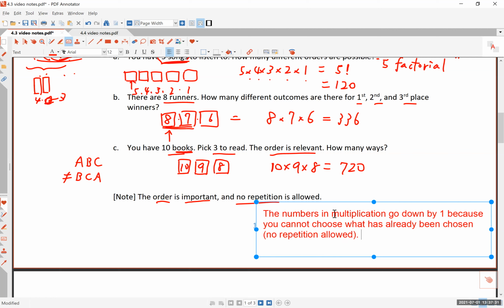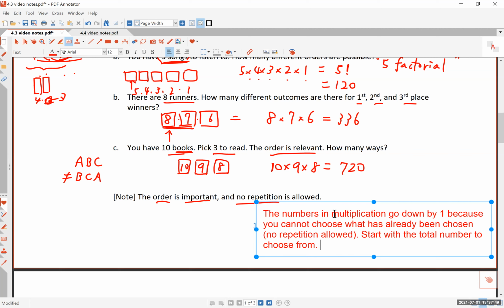And so what you have to do is to start with the total number available. And the number of numbers you're multiplying is the number you pick.